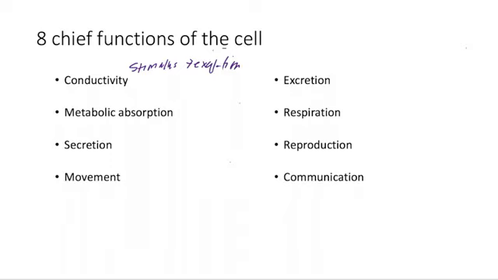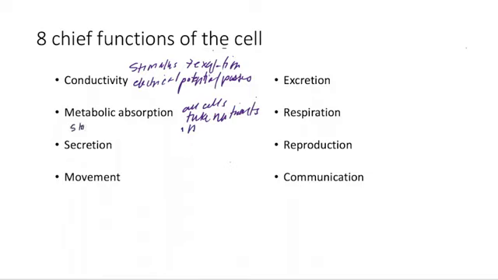So there is a conduction as a response to stimulus, a wave of excitation, an electrical potential that passes. Metabolic absorption, so all cells take in nutrients to carry absorption. So that would become some of the specialized cells here. So stomach, kidney cells, and then conductivity, so think muscle.